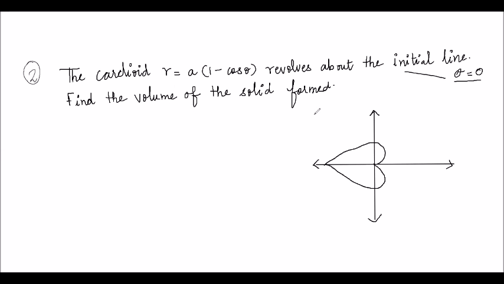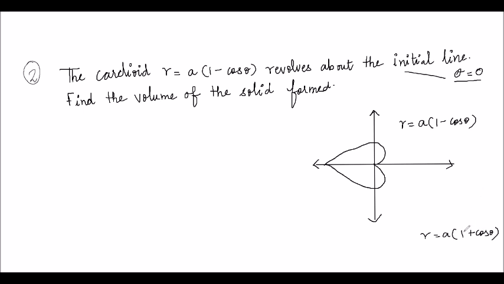So what is our axis of revolution? The axis of revolution is the initial line, theta equal to 0, and the curve is a cardioid. We have two types of cardioid. One is this one, r equal to a(1 minus cos theta), and another one is r equal to a(1 plus cos theta).